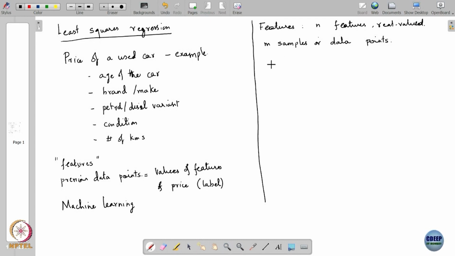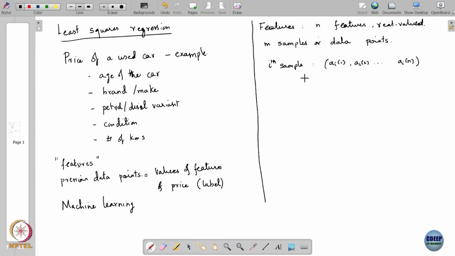So, for the ith sample, the values of the features that you have, let us denote them in this way: a_i of 1, a_i of 2, dot dot dot, a_i of n.